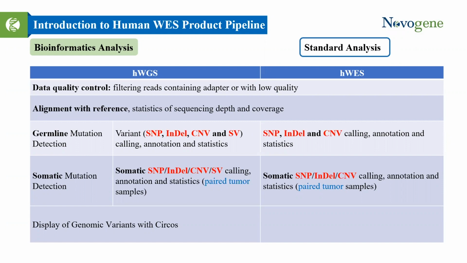So, if you would like to call somatic variants with Novogene, please do not forget to send us normal tumor paired samples. Besides, for human hWGS, we also display the genomic variants with circles. All the subjects I mentioned above will be included in your final report. If you would like to know more about what the results are like, please contact us for the demo reports.